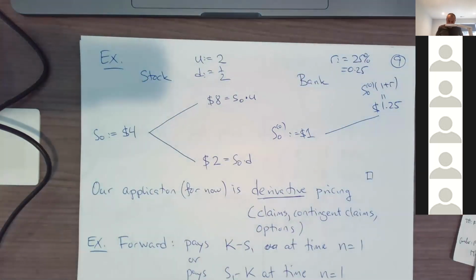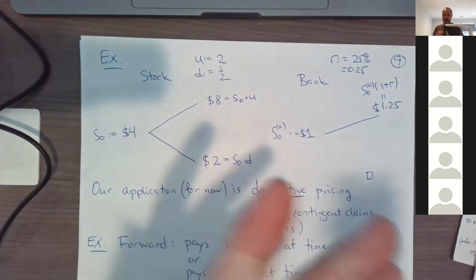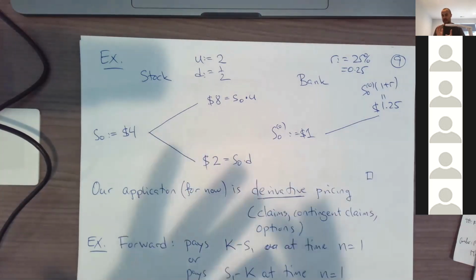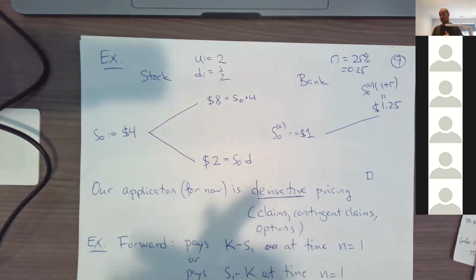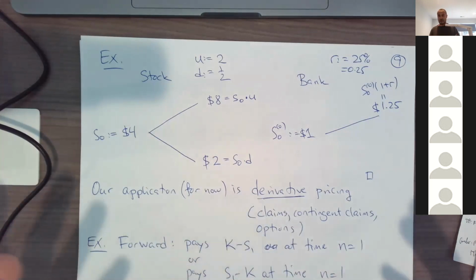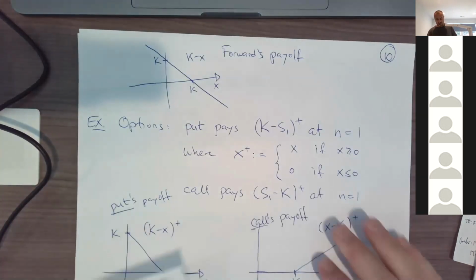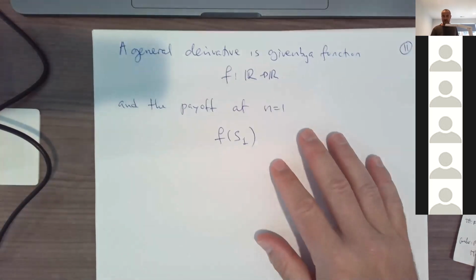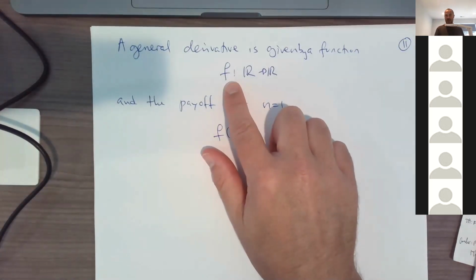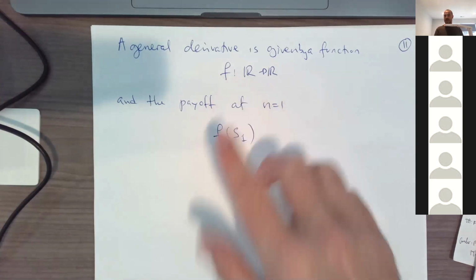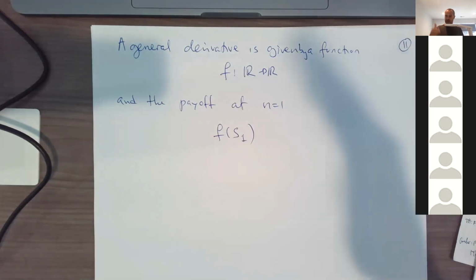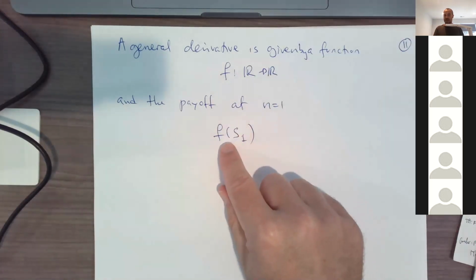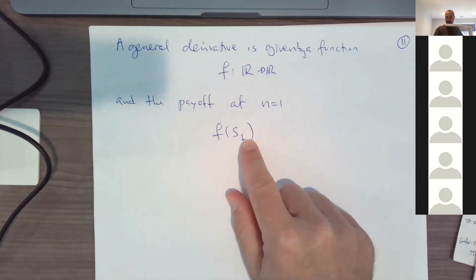Now what we're going to be doing is derivative pricing. A derivative, for this class, is a function. Give me any function you want, that's going to lead to a derivative security. The derivative that comes with that function is going to give a payoff, so that's going to be random.